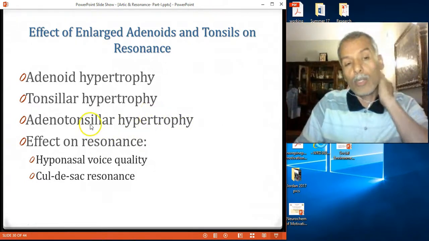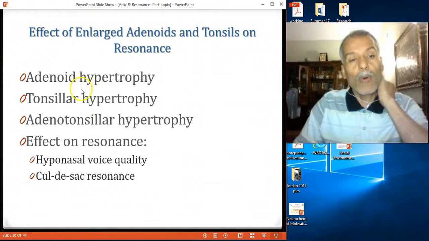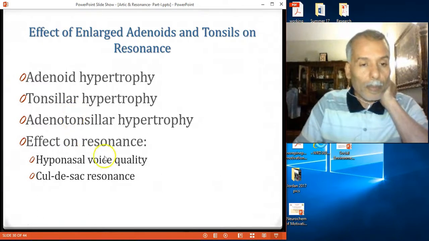So it promotes infections. The adenoids and the tonsils are part of the immune system.